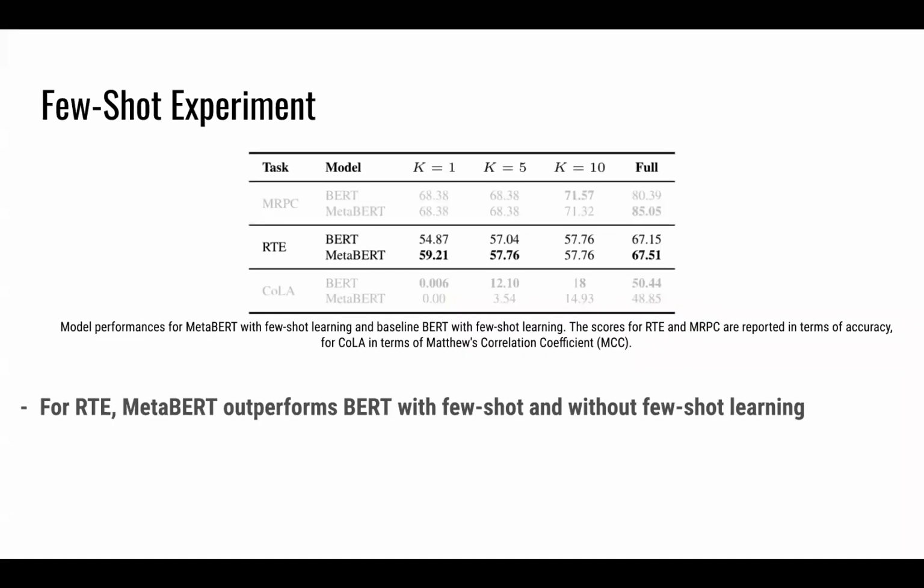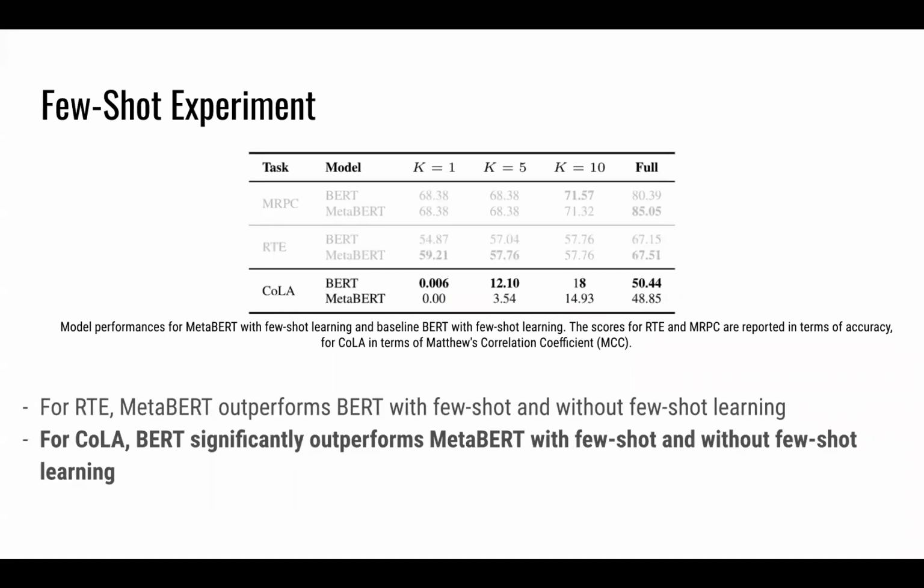The second set is called the few-shot experiments. This is to evaluate the performance of few-shot learning on our MetaBERT model. When we look at the results, we see that for the RTE task, MetaBERT almost always outperforms BERT with few-shot and without few-shot learning. On the other hand, for the CoLA task, BERT significantly outperforms MetaBERT with few-shot and without few-shot learning.